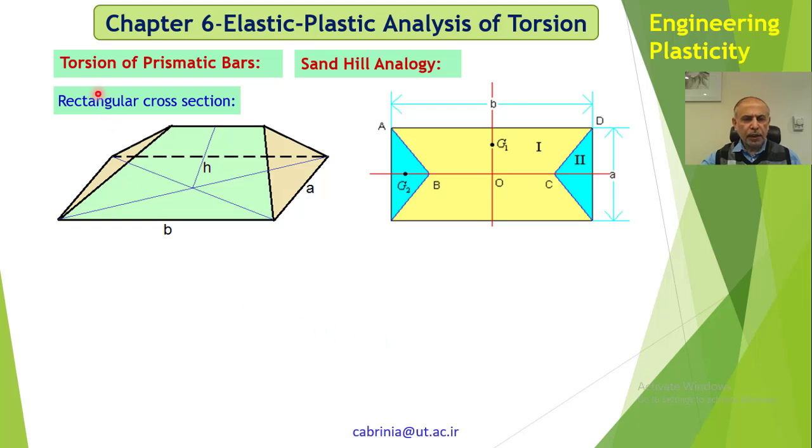Now let's take a rectangular section and use the same concept to see what we can do here. So our prismatic bar has a rectangular section, and if we look at the top, the plane view, we see this view.